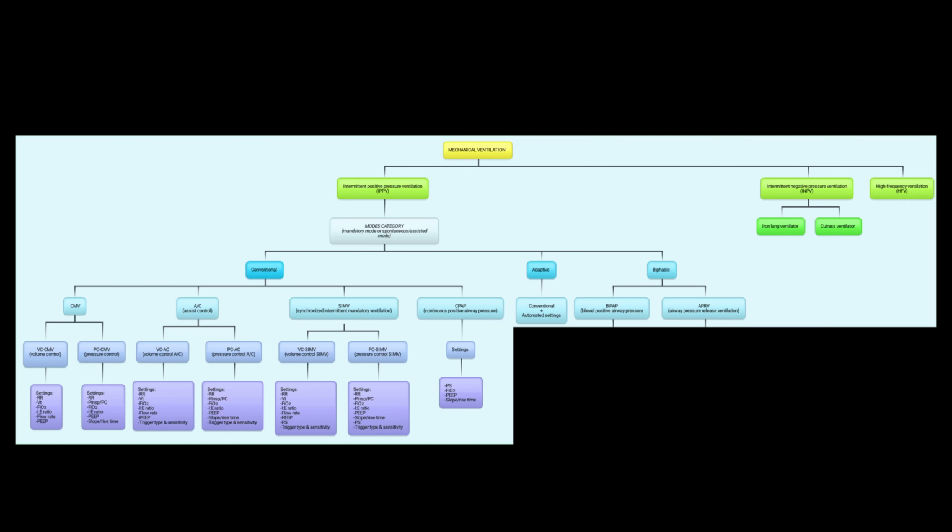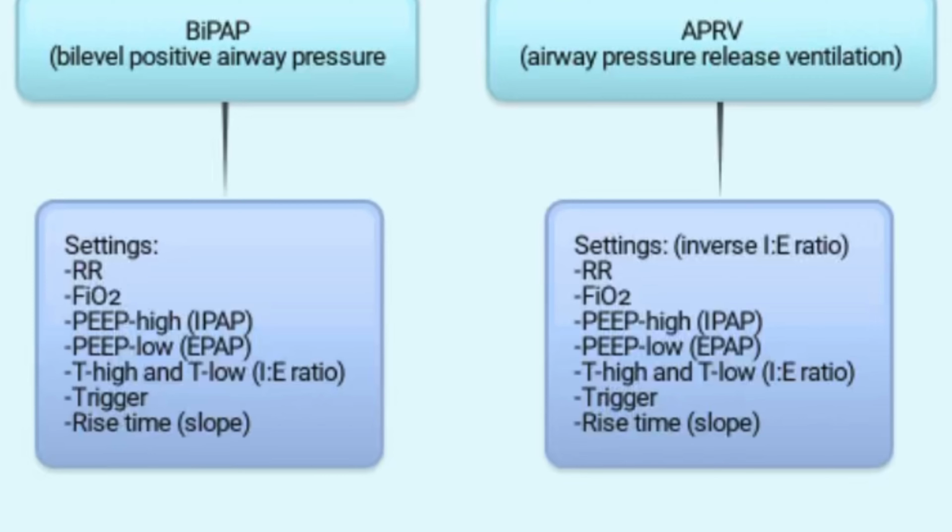It can be regarded as a special form of BiPAP. But here, the settings have a relatively long T high and a very short T low period. PEEP high serves as the baseline pressure at which the patient breathes spontaneously. In short, if you reverse the IE ratio, then you have APRV.